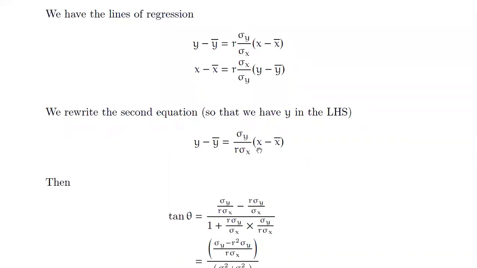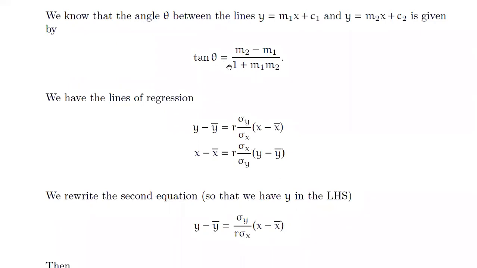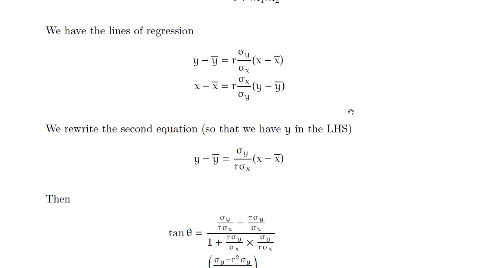Now the slope of the next equation, that is the coefficient of x in this equation, is sigma y by r sigma x. m1 here is r sigma y by sigma x, and m2 is sigma y by r sigma x. So now in this equation put the value of m2 and m1.